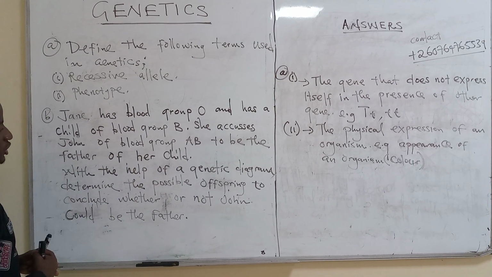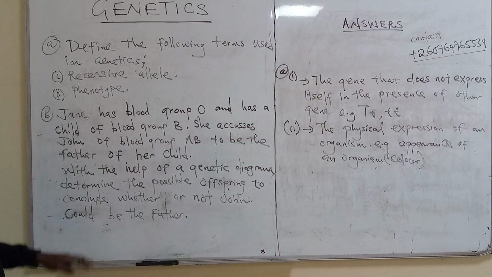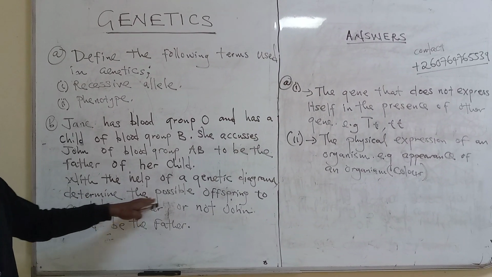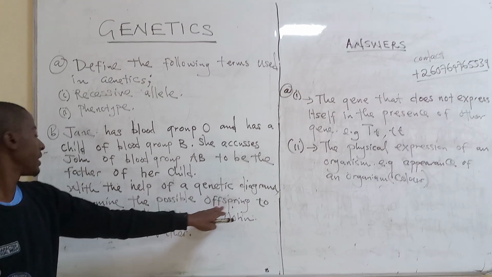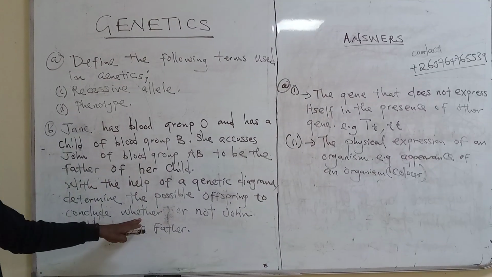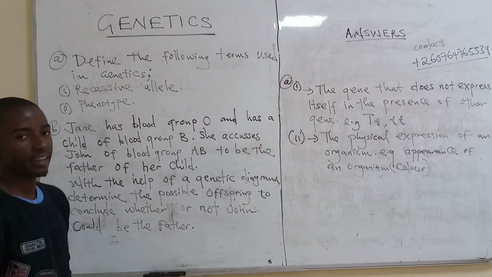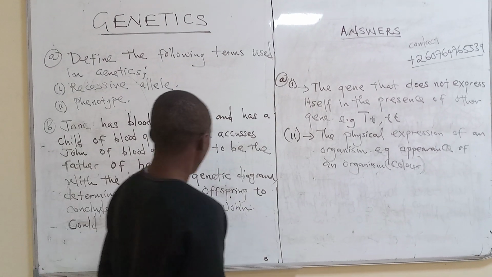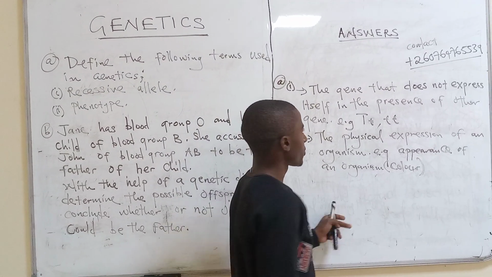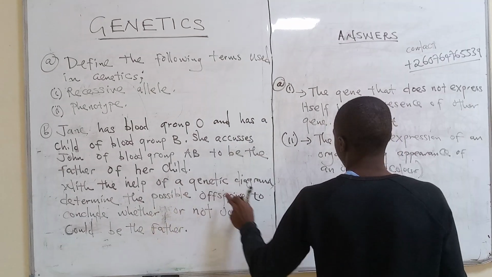With the help of a genetical diagram, determine the possible offspring to conclude whether or not John could be the father. So I'm going to solve this part so that we can answer this question.